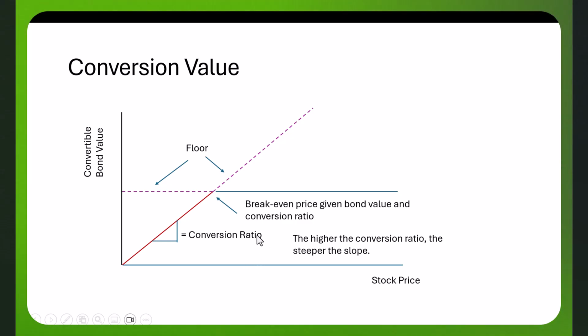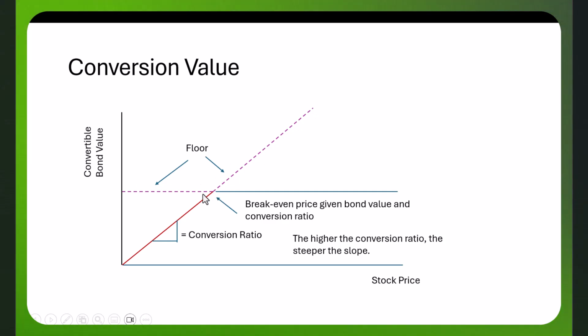And you'll notice that before, we have a floor of what the bond will be worth: the first part of the floor is the straight bond value. Once the price of the stock has risen enough that it's valuable to convert, that the conversion value has value, then this goes up.